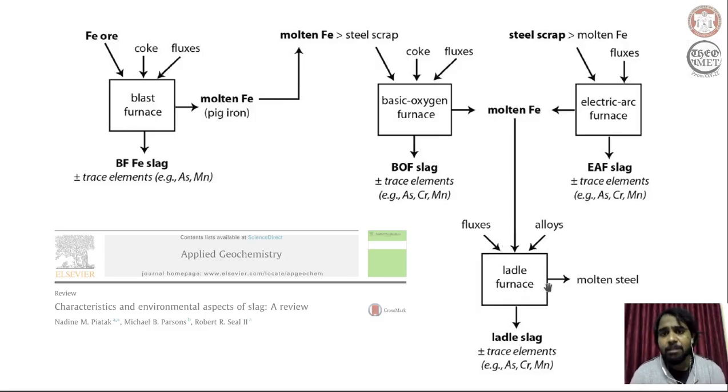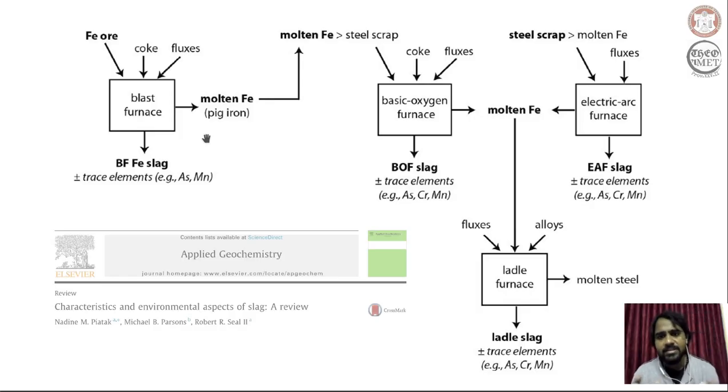And depending on where these slags are generated, we have basic oxygen furnace slag, electric arc furnace slag, and also ladle slag. So we have three different forms of slag, but at the end of the day, all these are steel slag as opposed to the blast furnace slag.